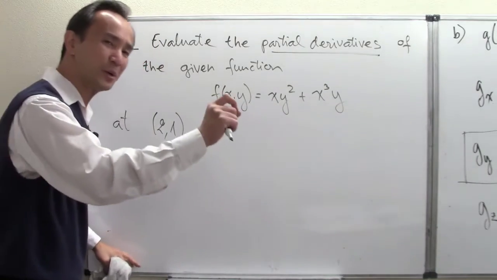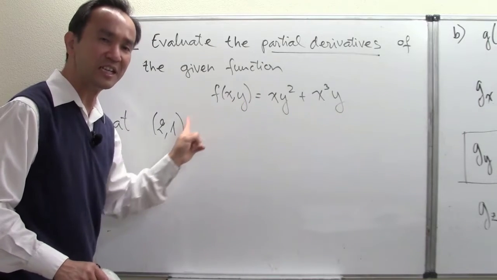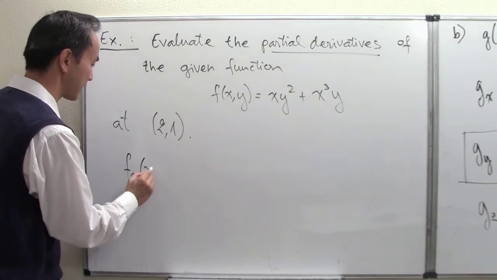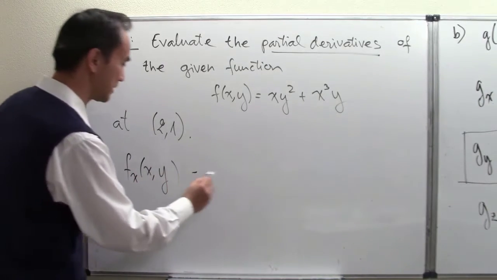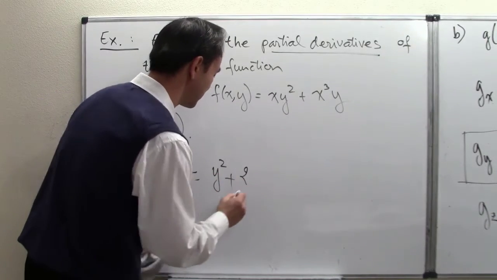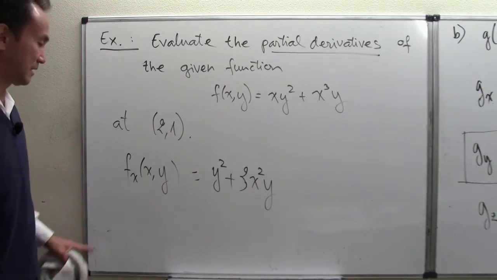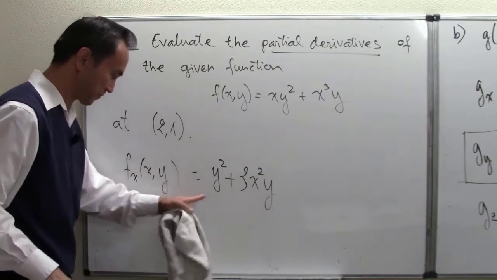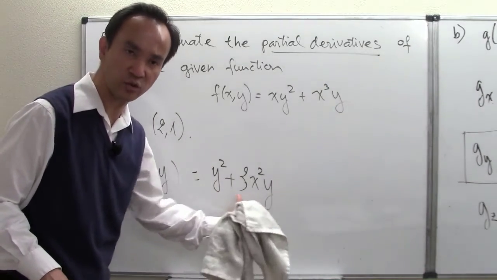What I didn't do earlier in that demonstration is evaluate, because recall we already found f sub x as a function of x and y. That f sub x here was y squared plus 3 x squared y. In the end it was an expression in terms of x and y, it didn't have a value.